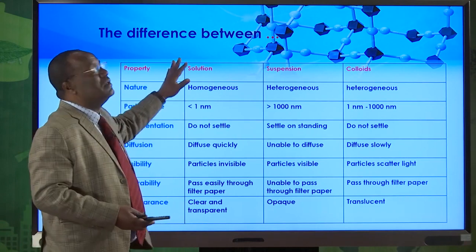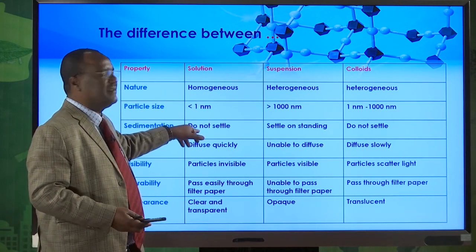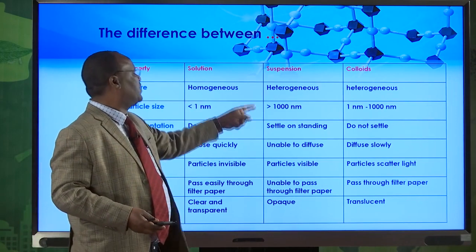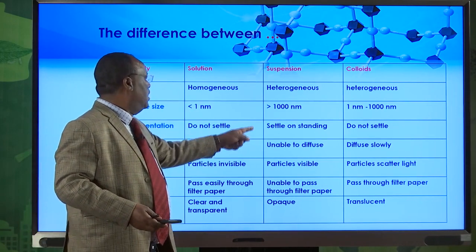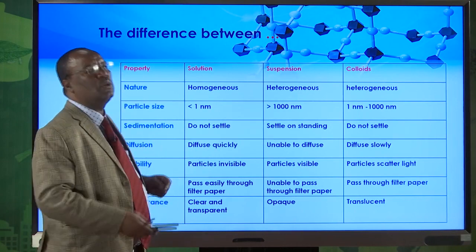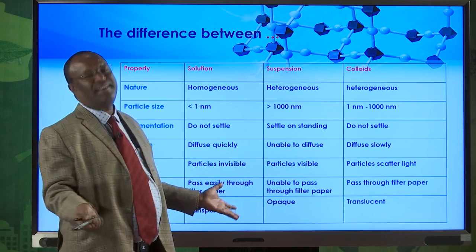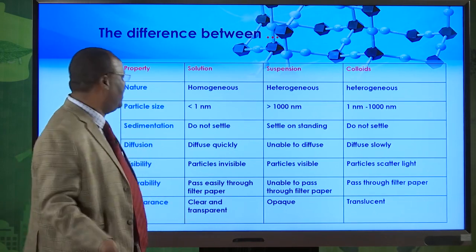Sedimentation. Solutes do not settle down in case of solution. In case of suspension, they settle on standing. The solid will precipitate. Colloids do not settle. There is no settlement in the case of colloid.